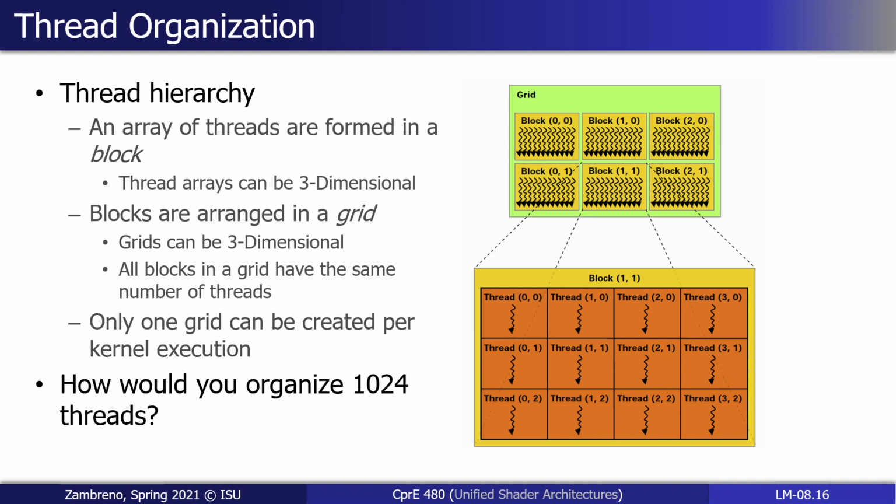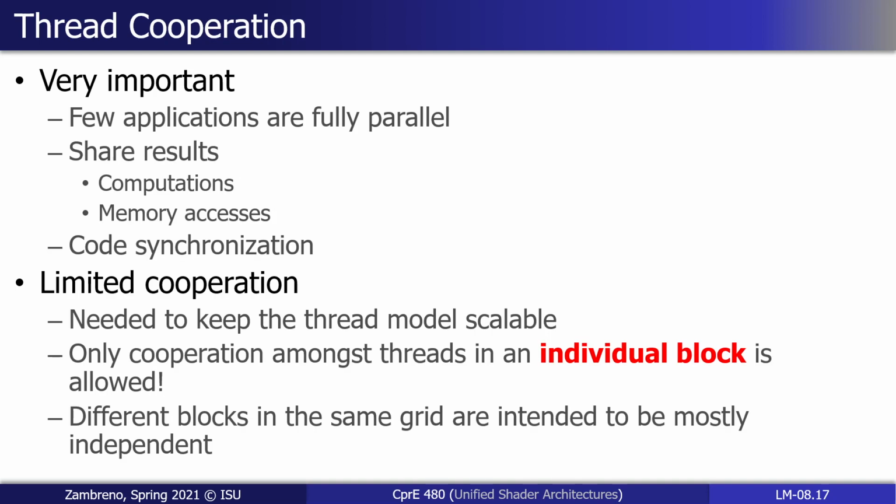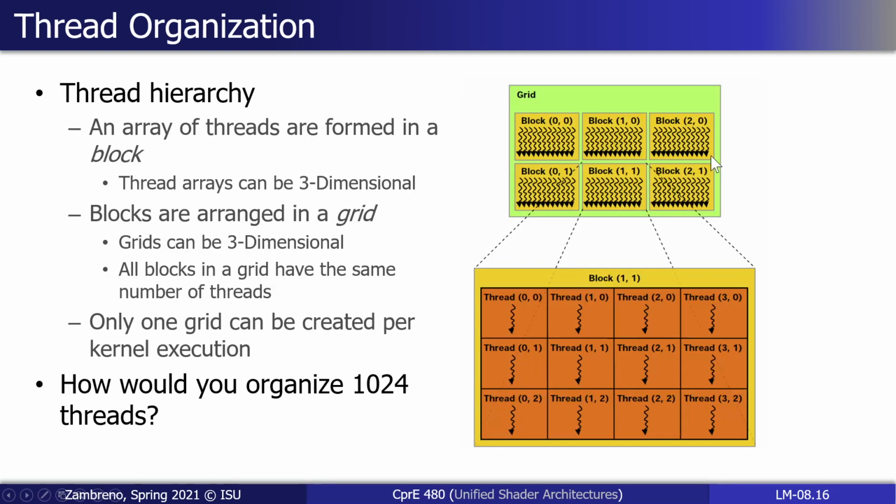Does my organization require that basically every 64 threads need to be in a cluster and coordinating with each other? That's probably going to strongly influence your block size. And then, if in theory the more the merrier, maybe your grid size is then correspondingly quite large. So, by and large, this layout assumes some coordination, and it tends to be actually a pretty tight coordination amongst threads inside an individual block.